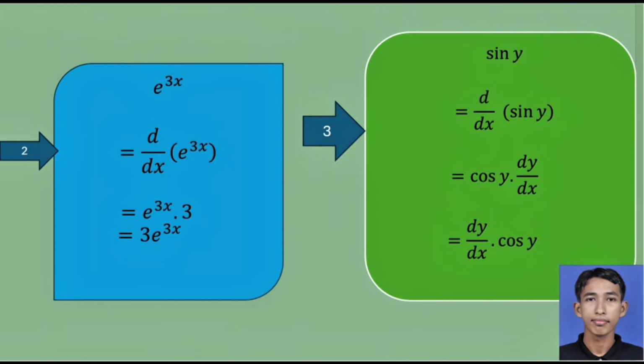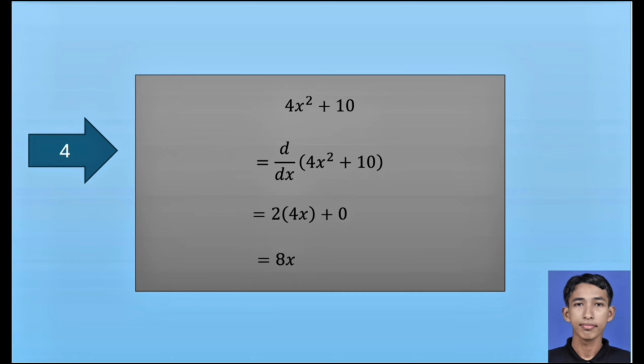Third, the derivative of sin y is cos y times dy over dx, and the answer we will get is dy over dx cos y. Next, the derivative of 4x squared plus 10 is 2 times 4x plus 0, and the answer we will get is 8x.